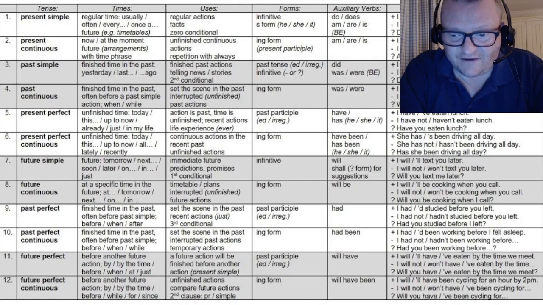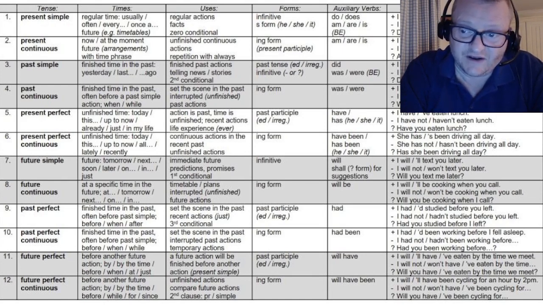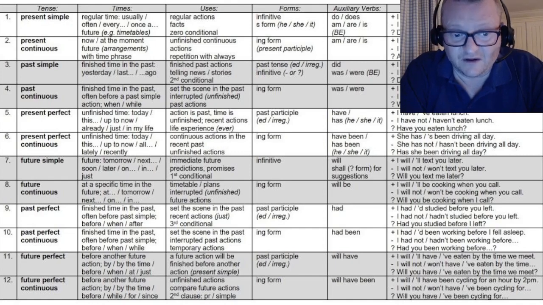But failing that, I will have finished this. I will have done this by 9 o'clock. I don't know what time I will finish. I didn't say what time I would finish this, but I will have finished it. I will have done it.